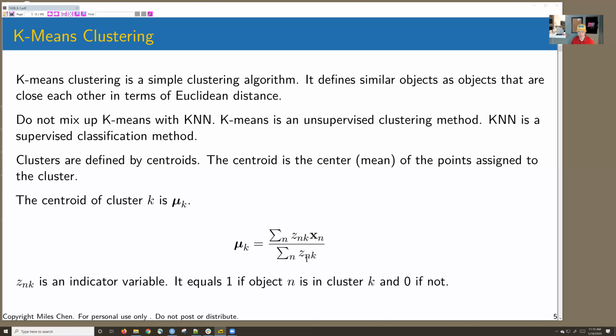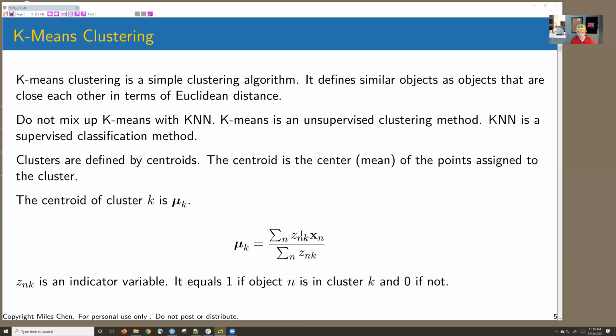So every observation has a z value for each cluster k. If you're looking at cluster 1, z is going to be 0 if an observation does not belong to cluster 1, and 1 for an observation that does belong to cluster 1.